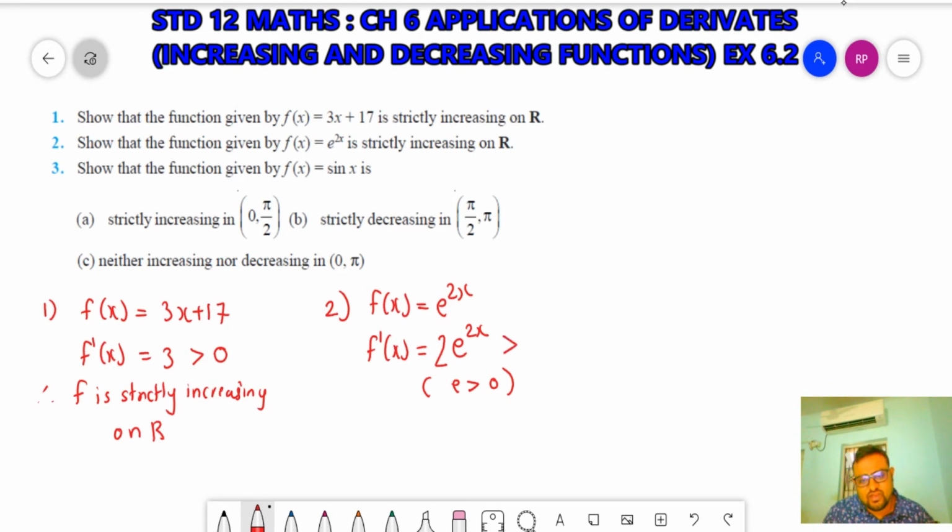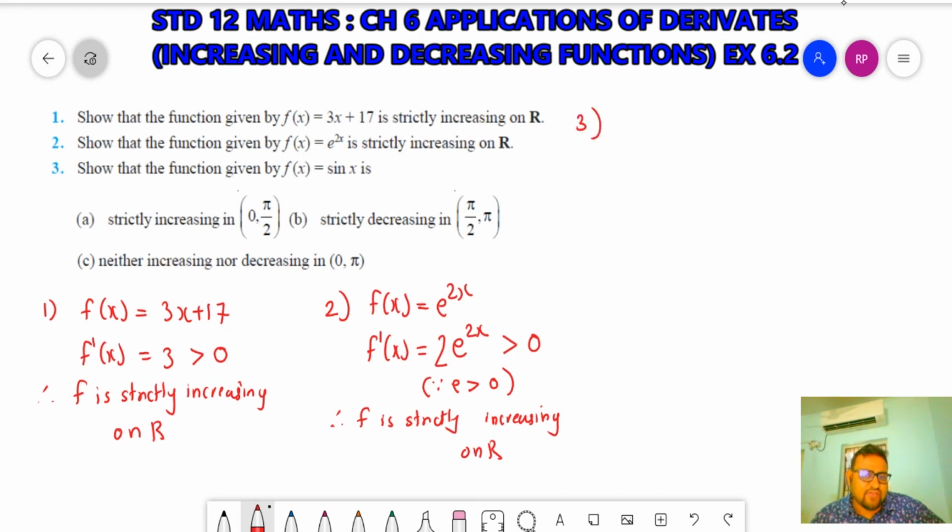So this value will be greater than 0. Remember, for any positive number, whatever power you take, its answer will always be positive. So as this is greater than 0, hence I can say f is strictly increasing on R.